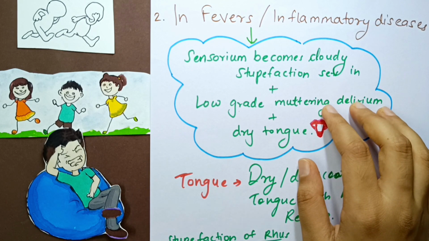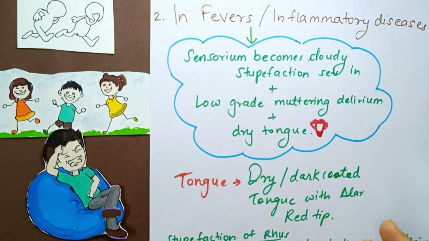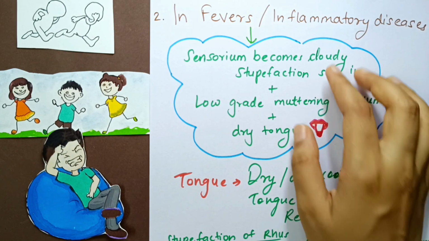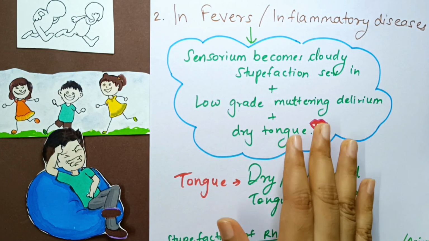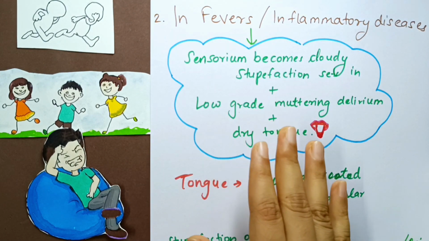They will keep on talking about it in a very different kind of voice. So that is the low grade muttering delirium they have. Along with that they have a dry tongue in Rhus Tox. This whole thing will set in when they have fever, in Rhus Tox especially.